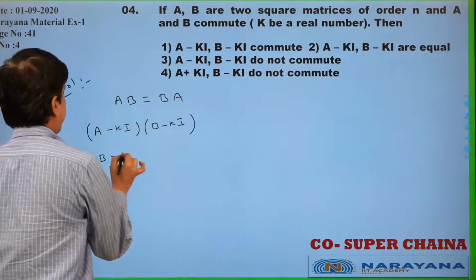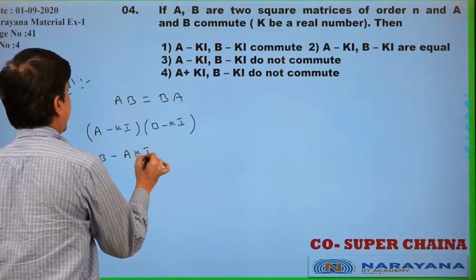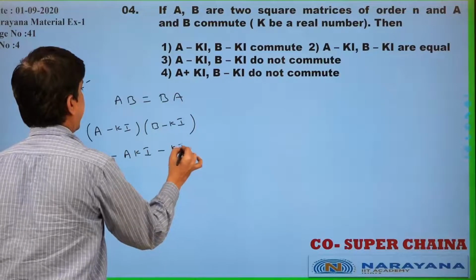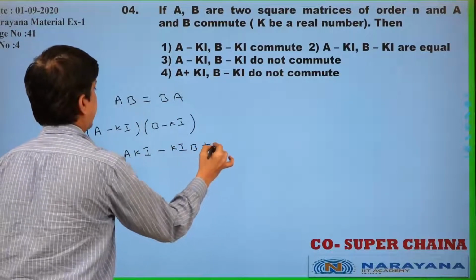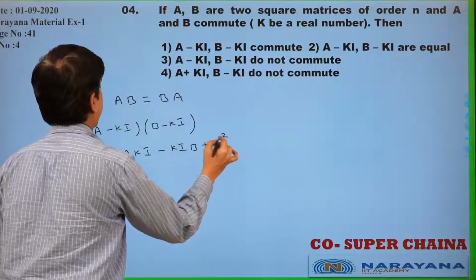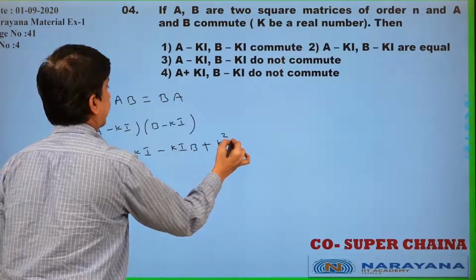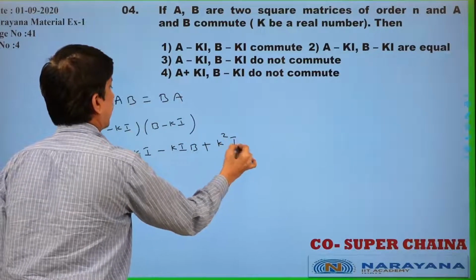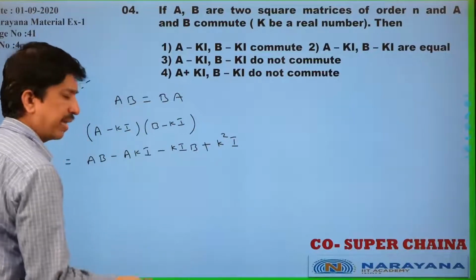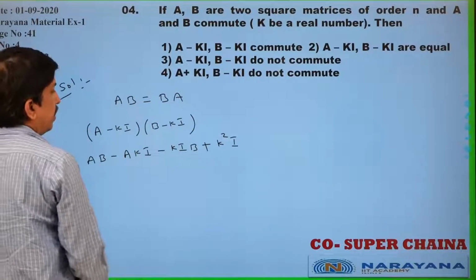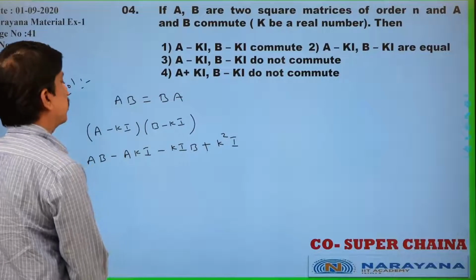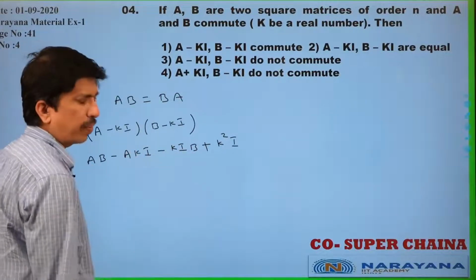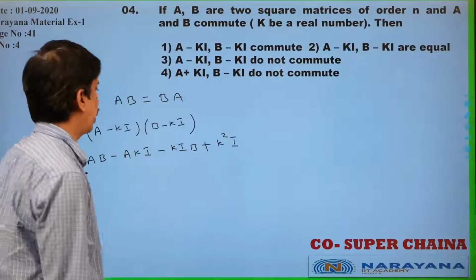A into KI, minus AKI, minus KIB, minus into minus plus K square I square. I square is nothing but I only, so K square I square we can write as K square I. Is it clear or not? K square into I, as it is you can write, no problem. Why? Because this is a matrix, this is a scalar only.